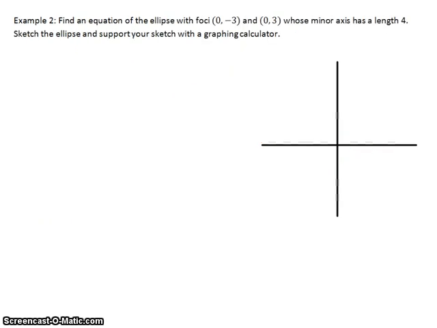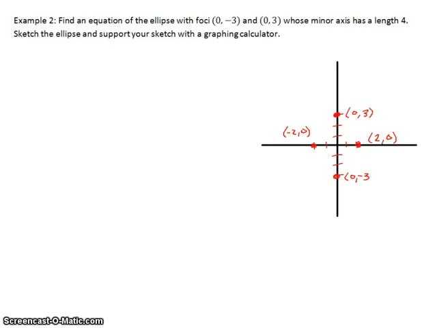We want to find an equation of the ellipse with foci (0, -3) and (0, 3), whose minor axis has a length 4. Sketch the ellipse and support your sketch with a graphing calculator. Let's go ahead and graph what we have so far and figure out what the graph tells us.